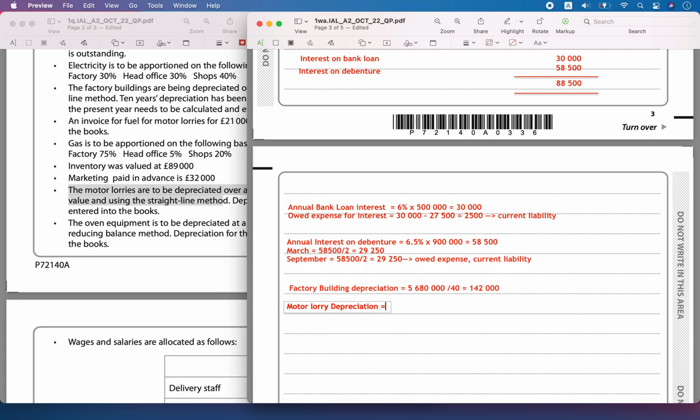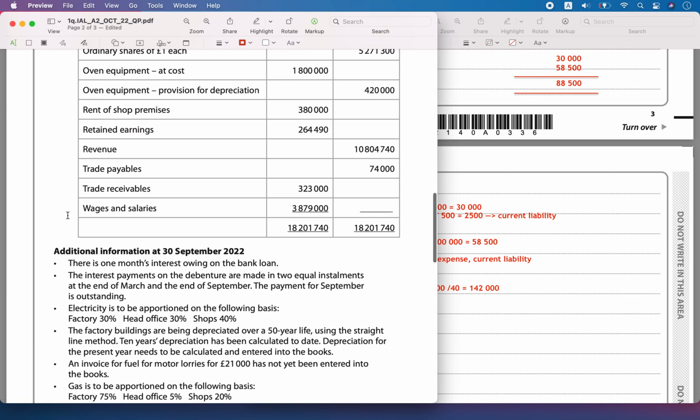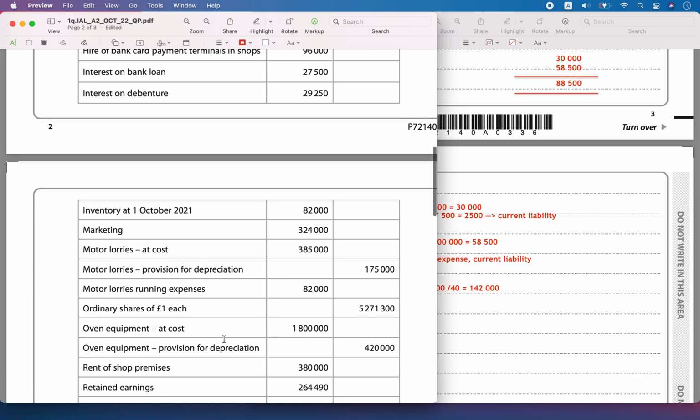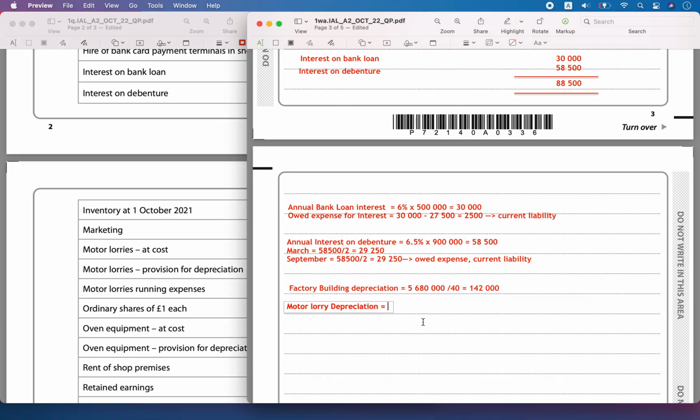Using the straight line method for 8 years, so the cost divided by the 8-year lifetime. For the motor lorries, we can see here the cost is 385,000 divided by 8, that is going to be equal to 48,125.